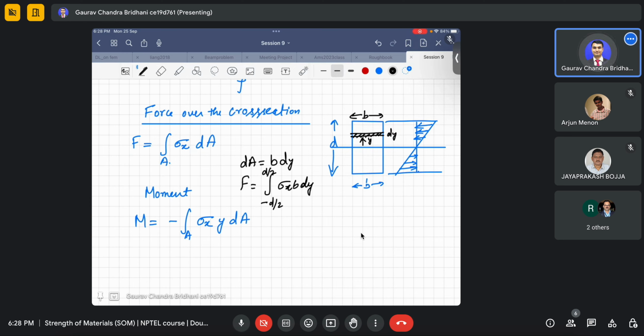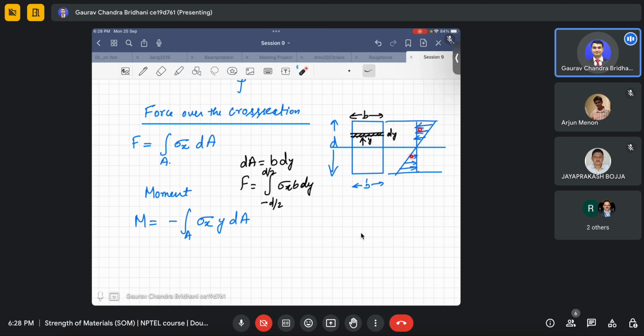Correct. So sigma is constant. If it is a constant, then it will come outside the integration. b is a constant width, so it will also come out of the integration, and integral dy will be only there. But you can understand that in this case, if the beam is in equilibrium, the total force acting above the neutral axis and the total force acting below the neutral axis should be the same.